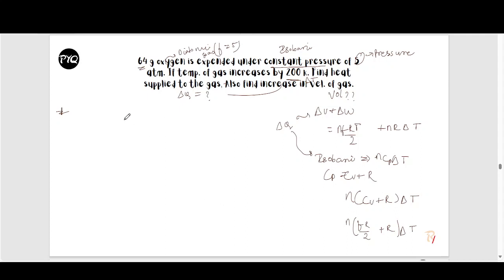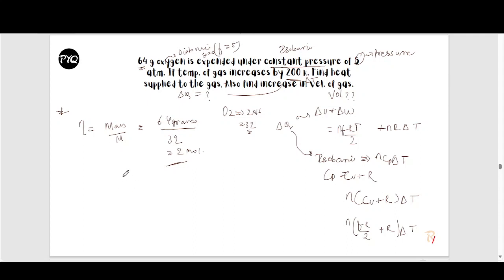Let us find the number of moles here. Number of moles is nothing but mass upon molar mass. Given 64 grams, and oxygen is O2, 2 into 16 gives me 32. It gives me 2 moles, n equals 2.